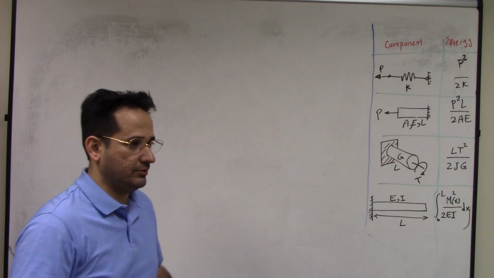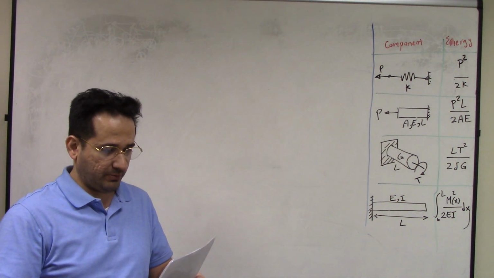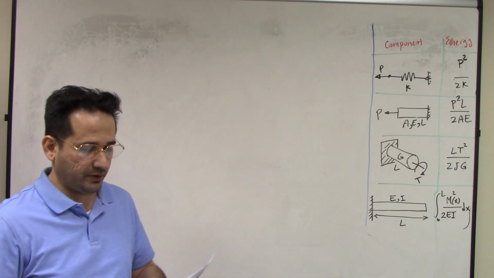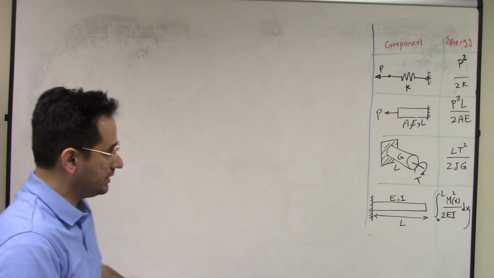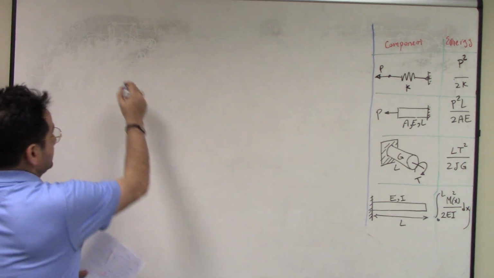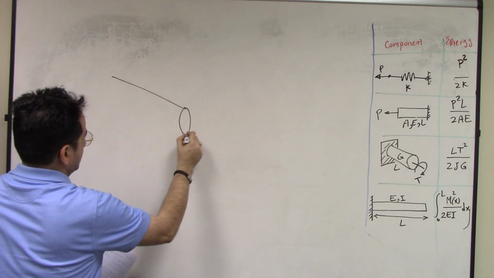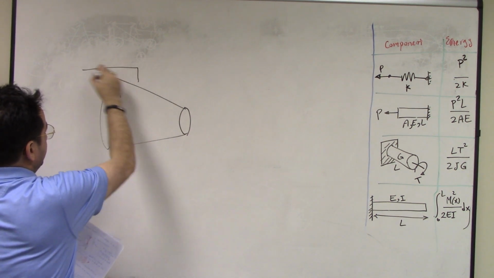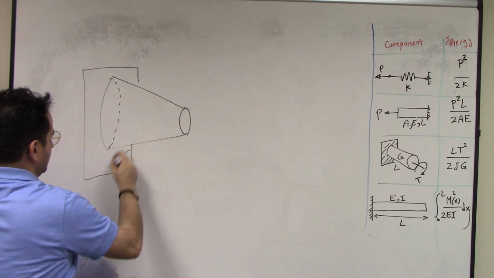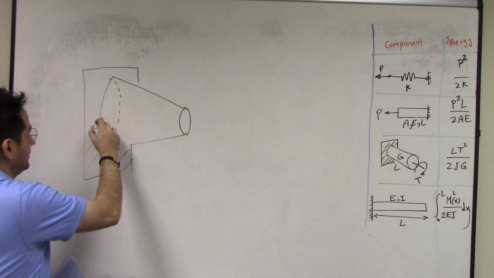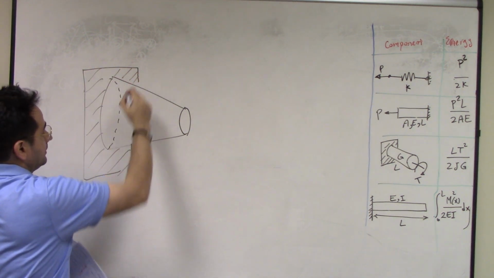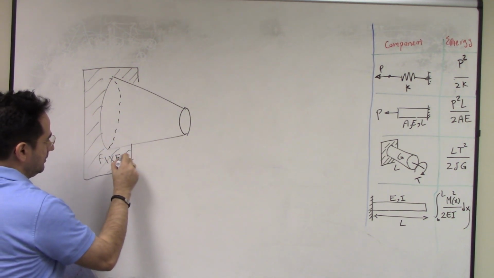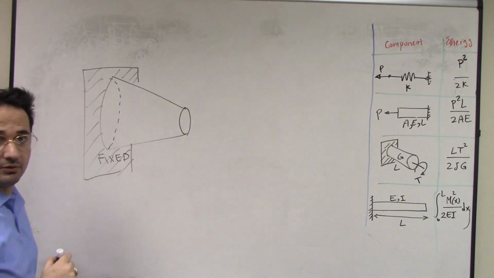Okay, so I'm going to quickly explain how we can do this new set of homework number 6. The first question is, we have a tapered cylinder that is fixed to a wall. Here is the wall, and this support is fixed to the wall.